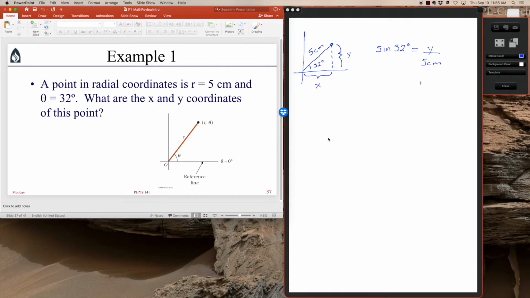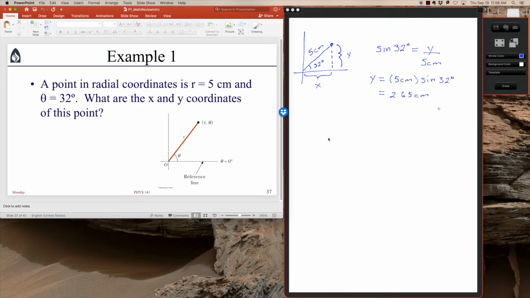So that means that my y-coordinate would be equal to 5 centimeters times the sine of 32 degrees, which means my y-coordinate would be 2.65 centimeters.